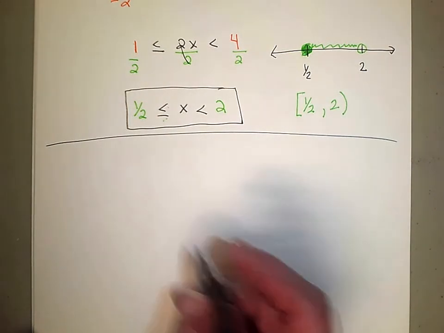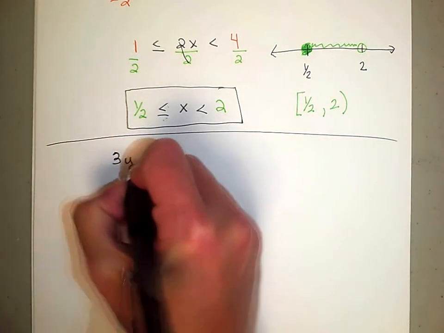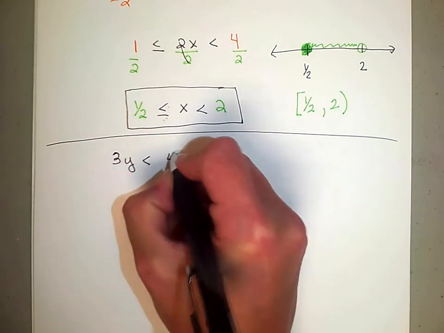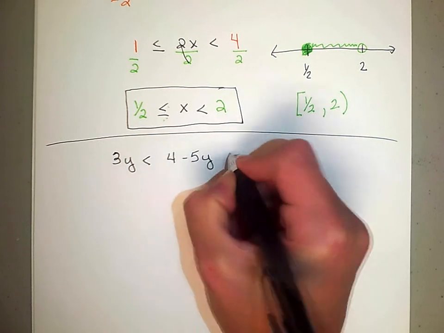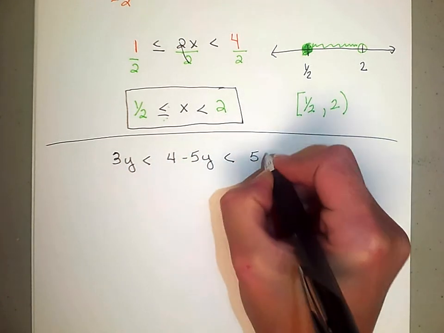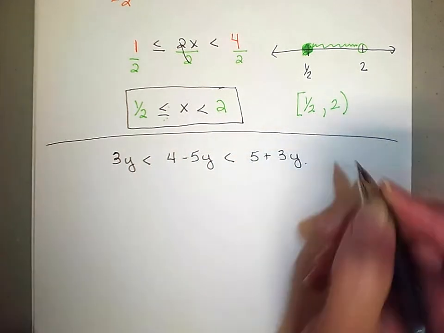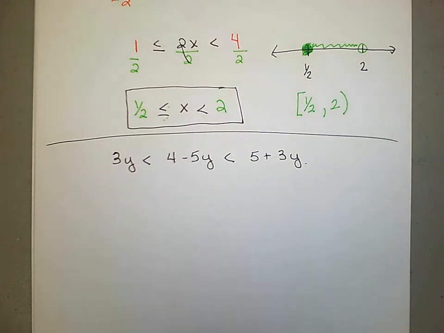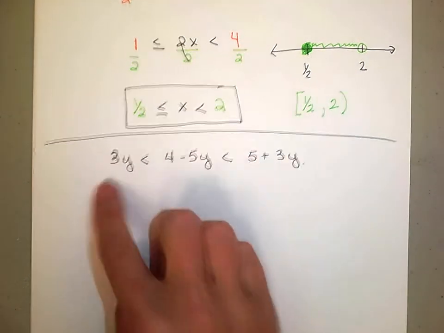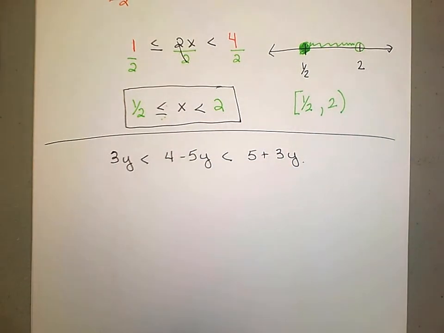Let's try another. 3y is less than 4 minus 5y, which is less than 5 plus 3y. Okay. Now in this case we have variables on all 3 spaces.